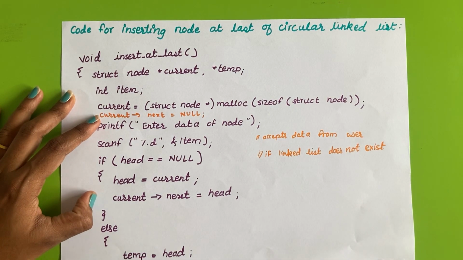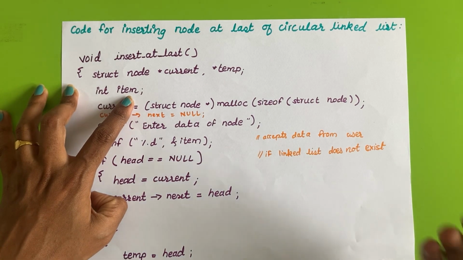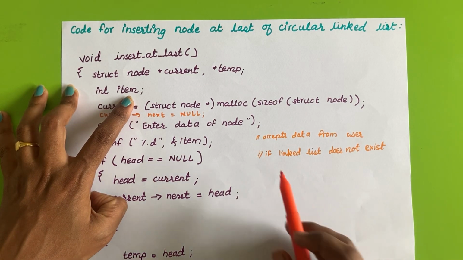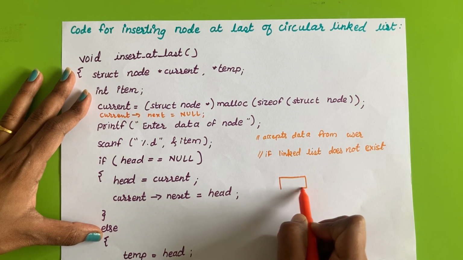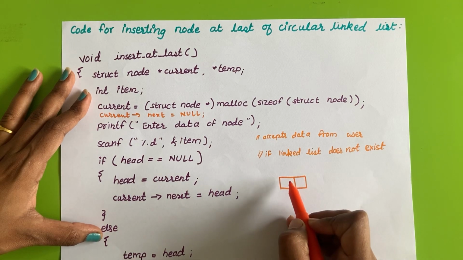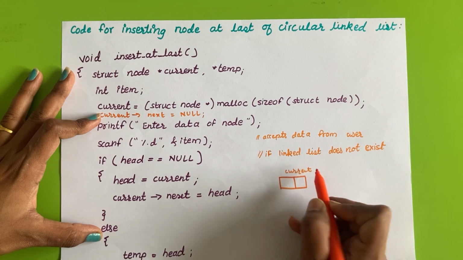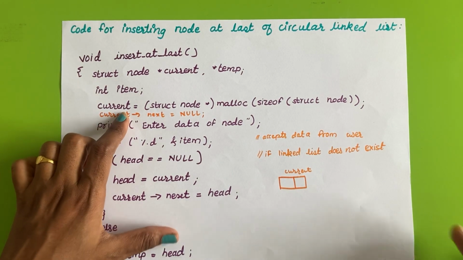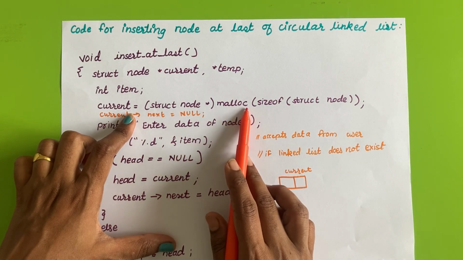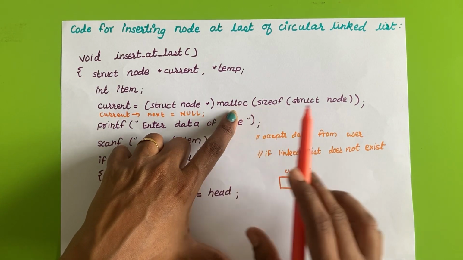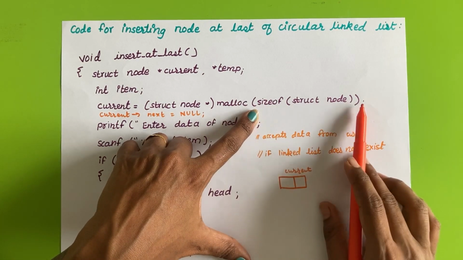Okay, so let's start with the function code. So we are taking here the input from user for data part of the node. Okay, so suppose we are creating new node that is named as current, and first we will allocate memory to that current node with the help of keyword malloc. So malloc keyword will assign the memory that we have mentioned in this bracket.